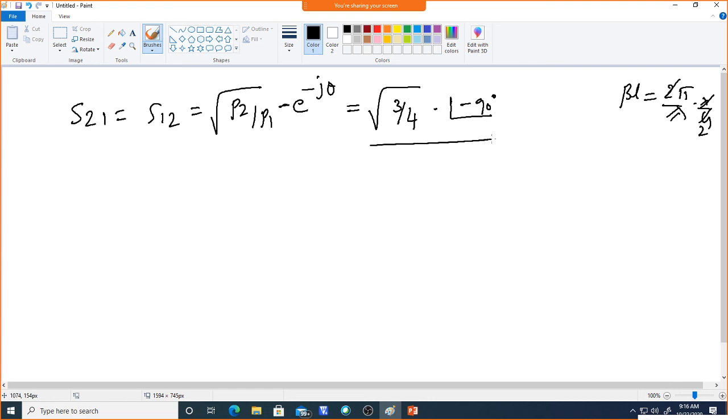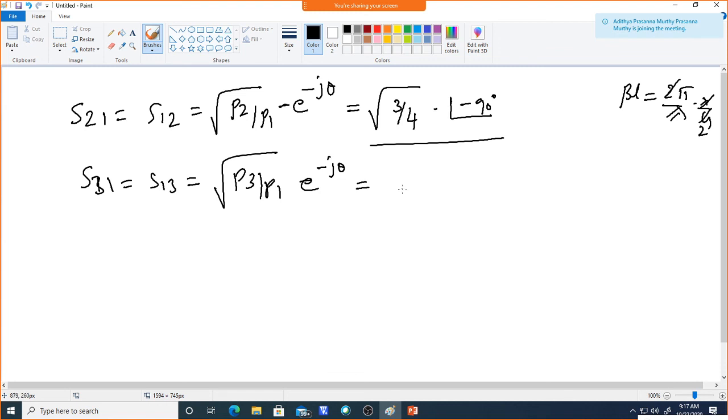So this is S12 or S21, and similarly S31 equal to S13, you need to calculate. That is nothing but the ratio of P3 by P1 into e power minus j theta. So this will be root of 1 by 4, that is 1/4 of the power going at an angle minus 90.